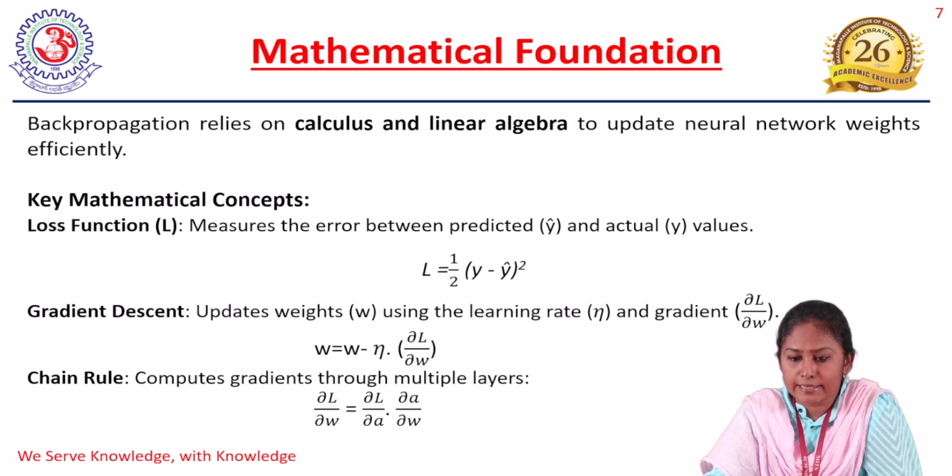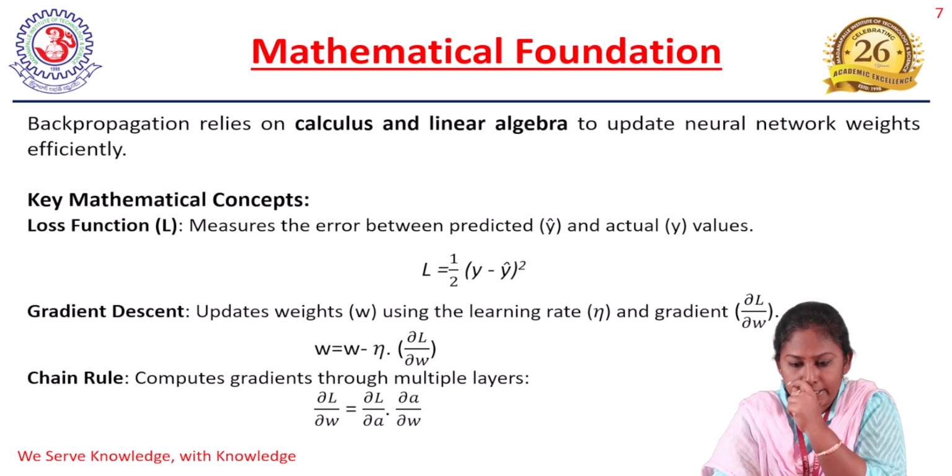Then gradient descent to update the weights, we will be calculating this gradient, which is nothing but dou L by dou W, meaning the loss, the error, with respect to which weight. Then the chain rule: when we are backpropagating from the error to the output layer, then output to the hidden layer, we'll be using the chain rule to calculate those differentiations.